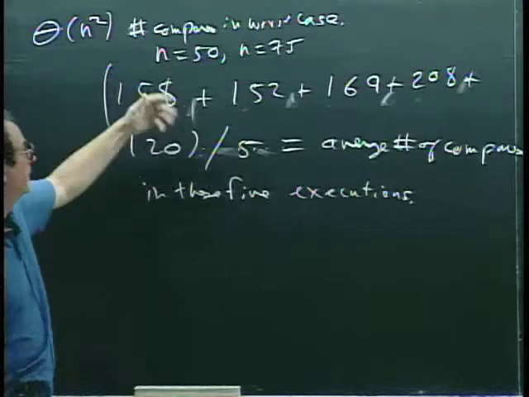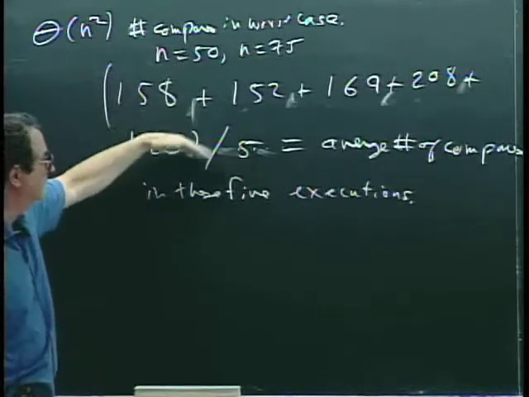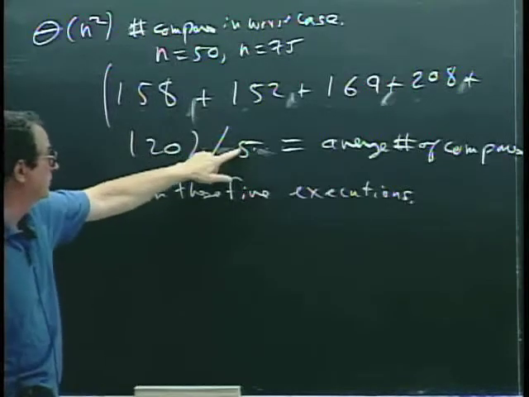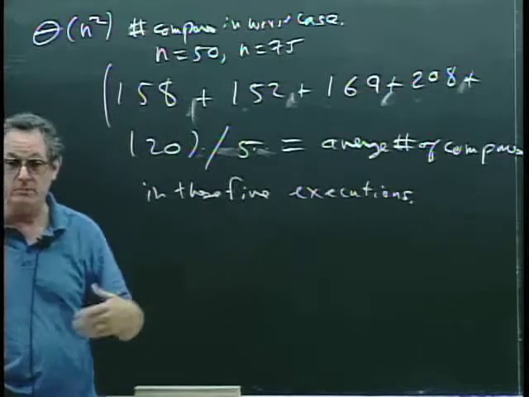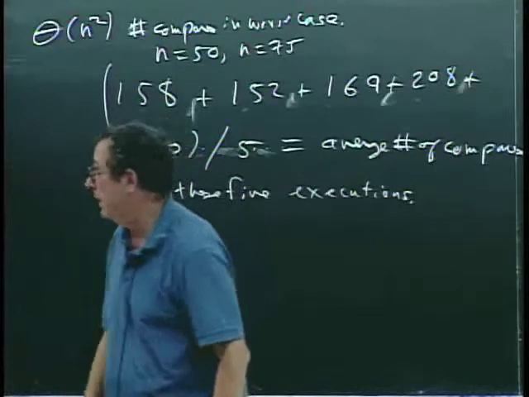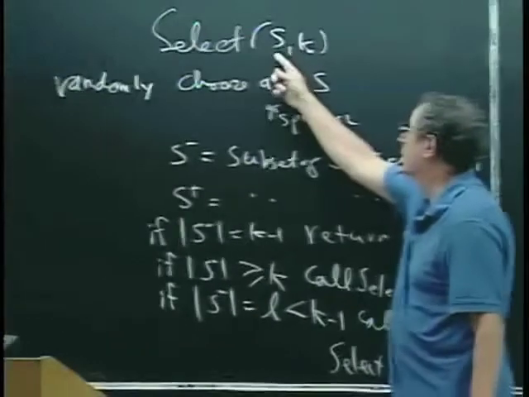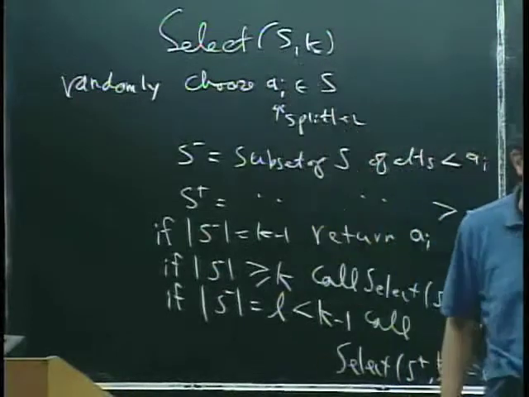But in my thought experiment here, we have S of some size, and we're running it many times and averaging the number of comparisons that are done. If we did that, I could report empirically to you the behavior of this algorithm on this particular input and looking for this particular K.